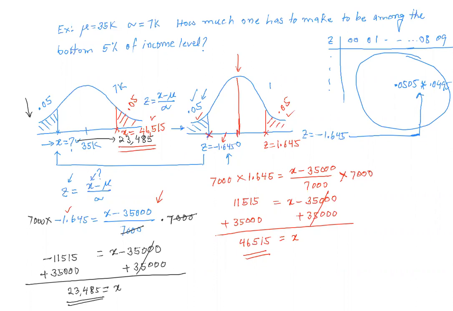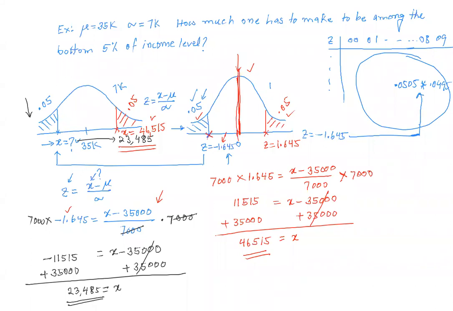Everybody okay? How did you get 1.645? It's by symmetry. Remember, a bell-shaped curve is a mirror image about the middle or the center, so about this line.